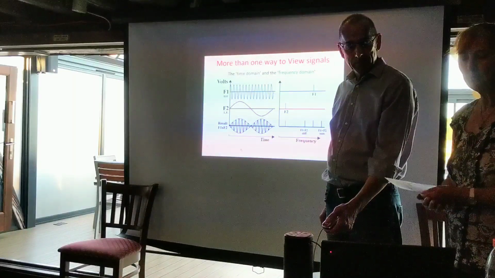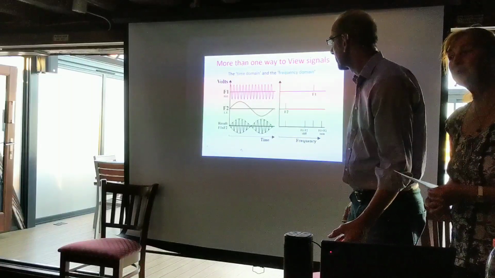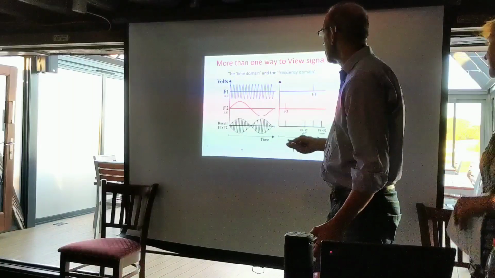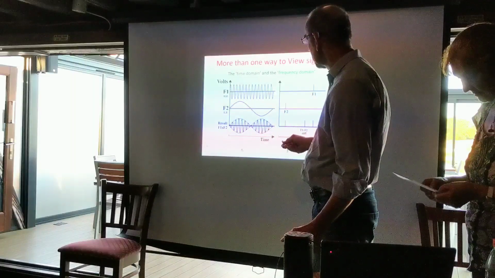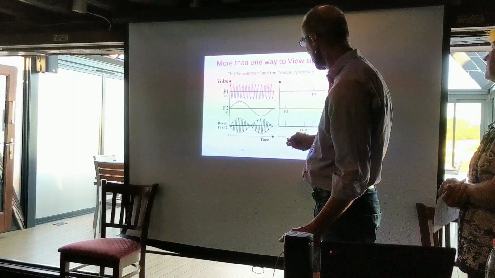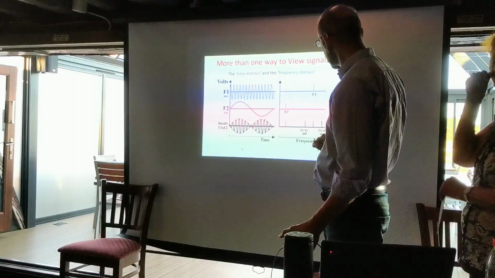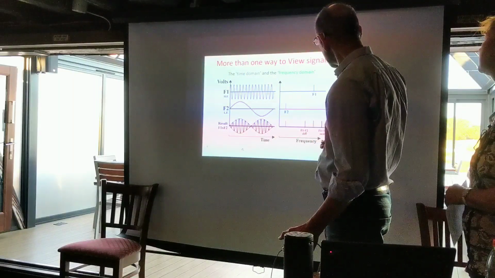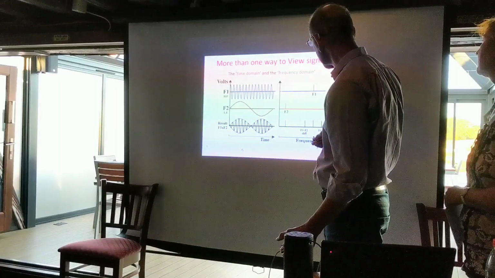Right, there is more than one way to view the signals. There's the time domain and the frequency domain. So here we can see a plot, time moving in this direction, and you can see a sine wave here, which is going quite quickly. The waves are close together, so that's a higher frequency. On this side, we've got a graph of frequency, where the high frequencies are this end and the low frequencies are this end.